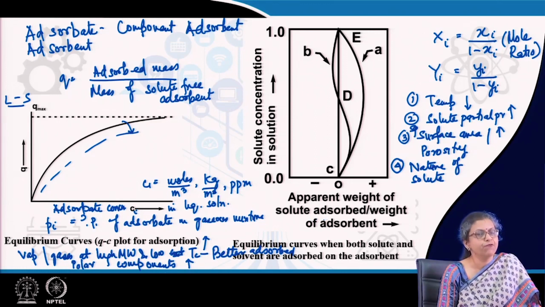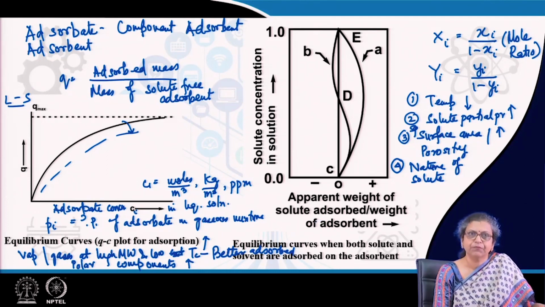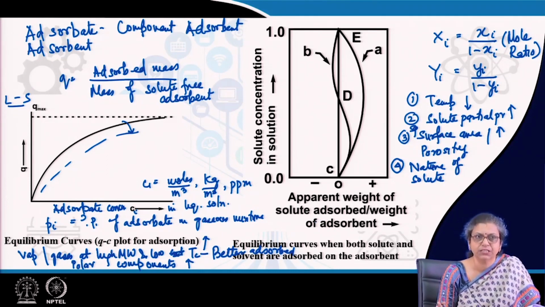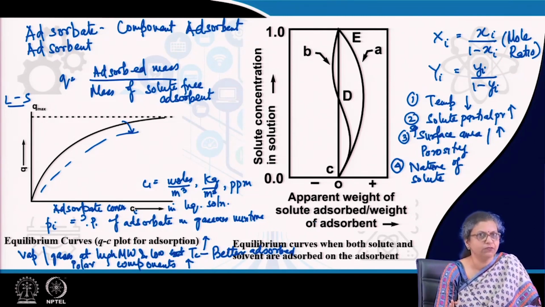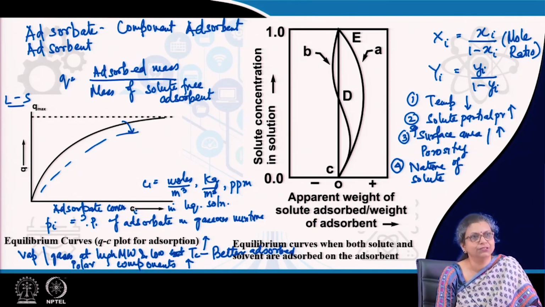If we start with a fresh adsorbent, even if we start with some very inert solvent, under that condition also initially some amount of solvent gets occluded into the pores of the adsorbent. Now, the moment some amount of solvent gets adsorbed, quite naturally the CI increases.